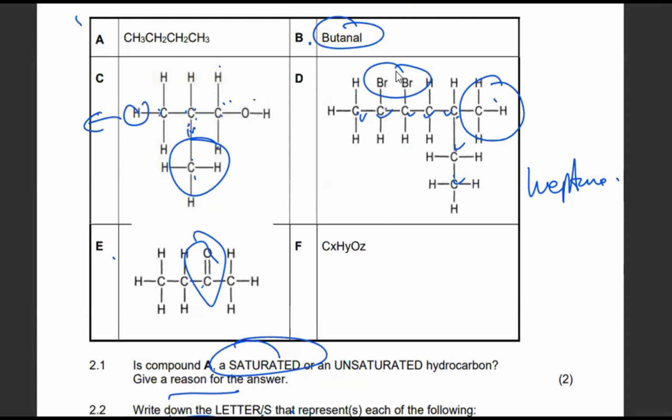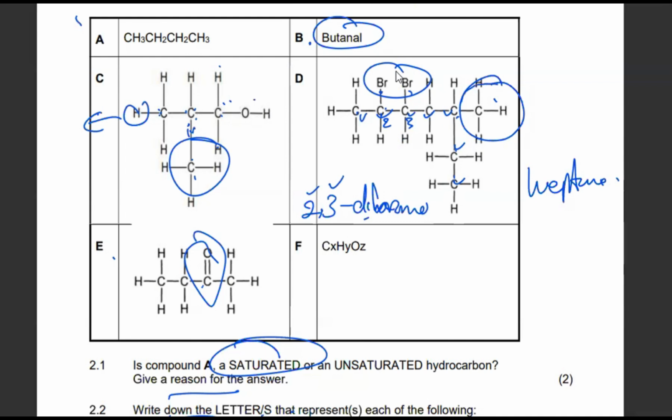Then all this one is 1, 2, which is the shortest. So I'll say 2,3-dibromo, because there are 2 bromos. The first on carbon atom number 2, the second on carbon atom number 3.